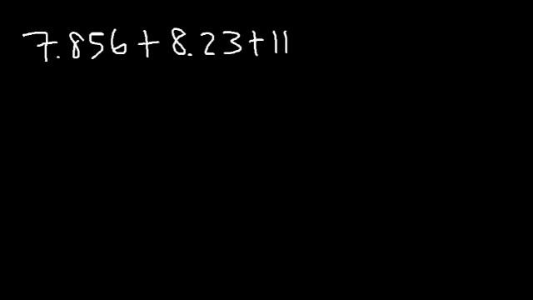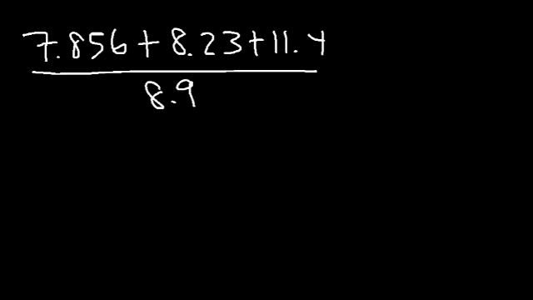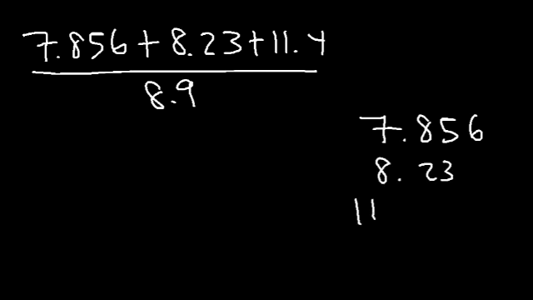Try this one. 7.856 plus 8.23 plus 11.4 divided by 8.9. Now we need to add first. So let's line up the numbers. 7.856 plus 8.23 plus 11.4.